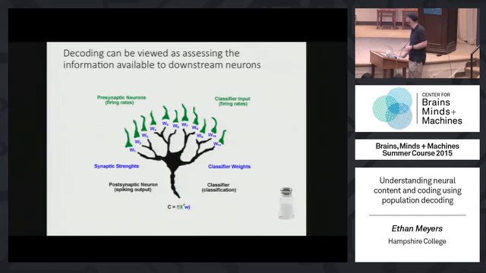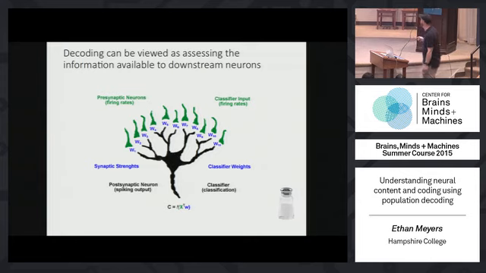The reason we often use fairly simple classifiers, such as the maximum correlation coefficient classifier, is, or at least one motivation is, because it can be translated into what information is directly available to a downstream population that is reading the information in the population you have recordings from.